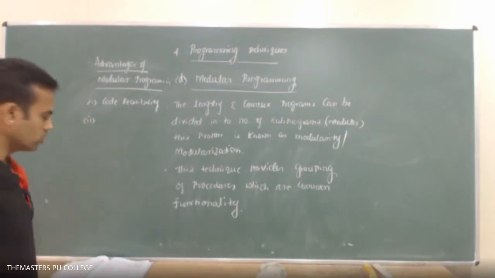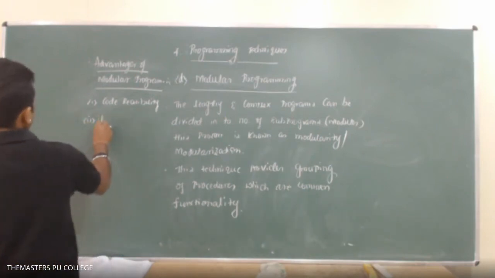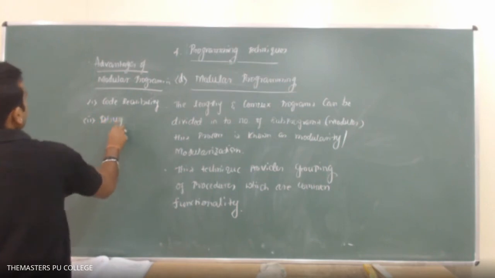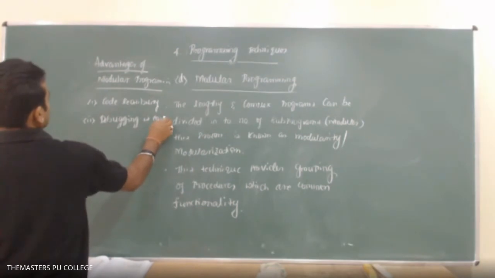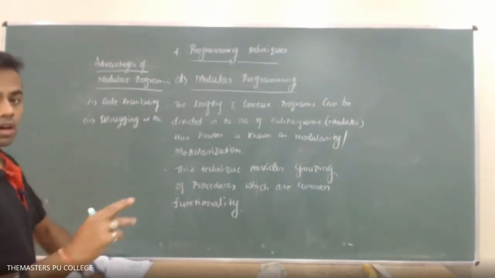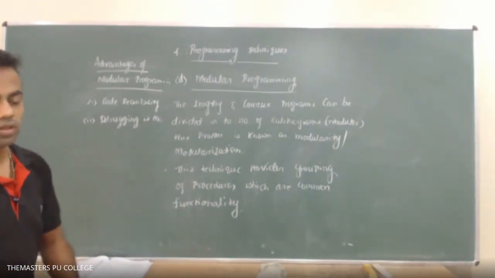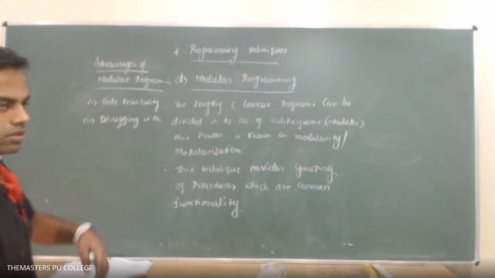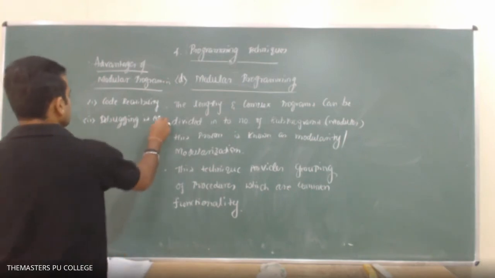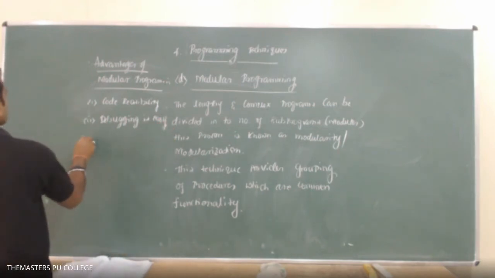Next, debugging. What do you mean by debugging? Rectifying errors. First identifying, after that rectifying. First you identify the errors, then you rectify the errors. Debugging is easy.